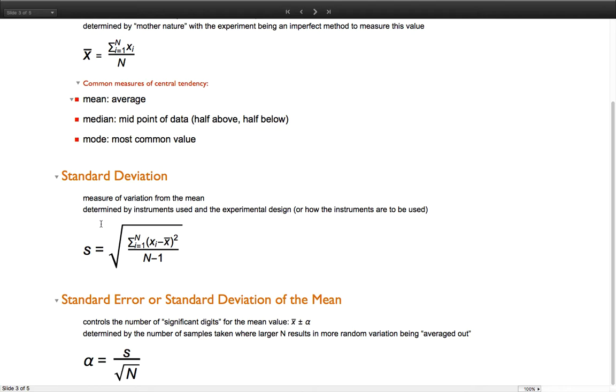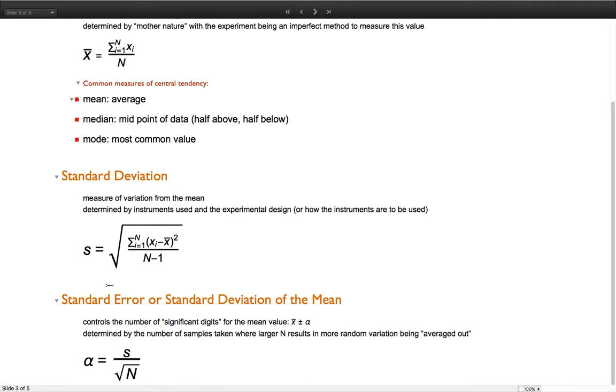Namely, if I repeat my experiment over and over again and make, say, n measurements, have I picked n large enough for having all of the large numbers counterbalanced by all of the small numbers so I get a very good average value? Or, if you will, what we want is the standard error, or what is also called the standard deviation of the mean.